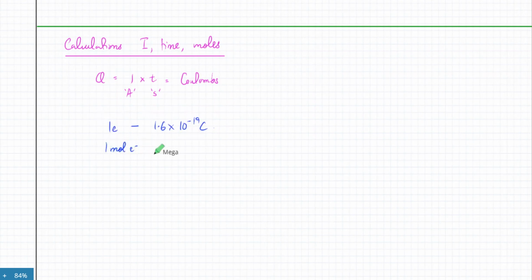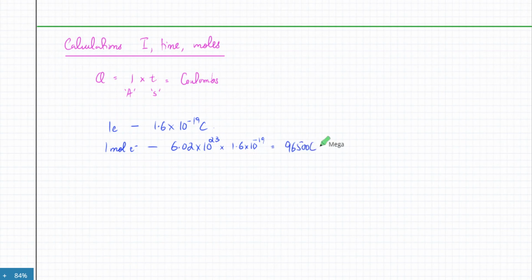If I have 1 mole of electrons, then in 1 mole you have 6.02 times 10²³ electrons. And each electron has a charge of 1.6 times 10⁻¹⁹ coulombs. And if you calculate this on your calculator, this would come out to be 96,500 coulombs.